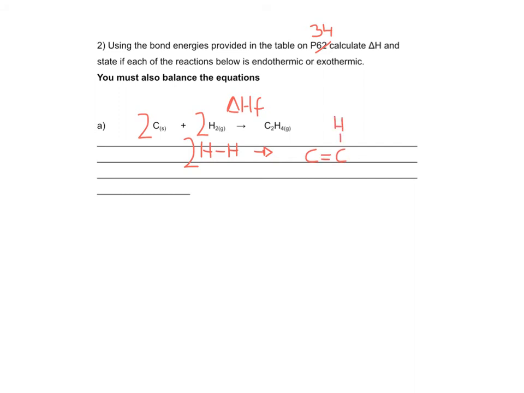So ethene is an alkene. We've got a carbon-carbon double bond and 4 carbon-hydrogen bonds. Now, we'll use the values on page 34. We've got to make sure that we total up the values for all the bonds broken and all the bonds formed.